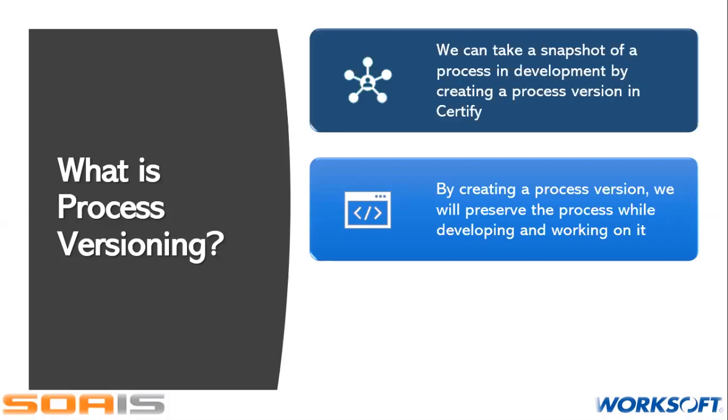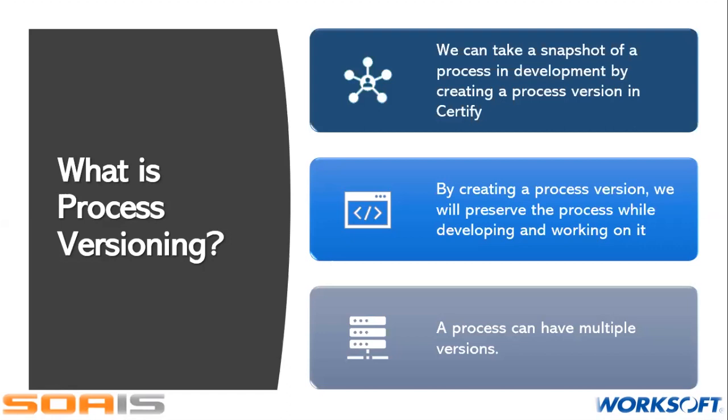And whenever we are creating a process version, one thing will come to mind: how many versions can we create of the process? We can create multiple versions of the process. Let's say we are working on a maintenance project. The project is already signed off by the business client.